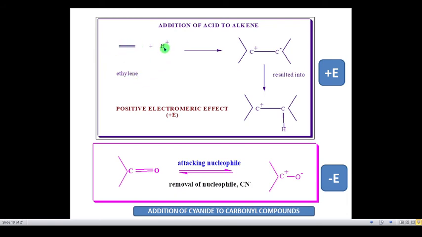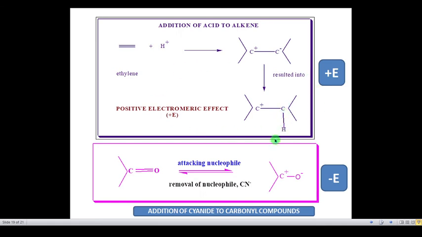Addition of H plus ions here reveals the formation of C plus and C minus. Once the C minus is formed, the H plus ion goes and places itself at the negative site, and positive and negative get neutralized to give our C-H here.